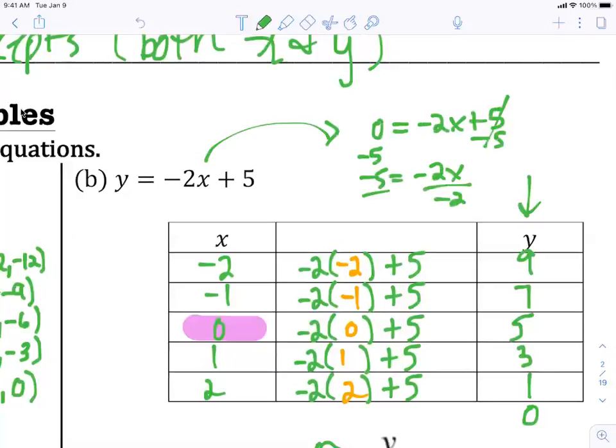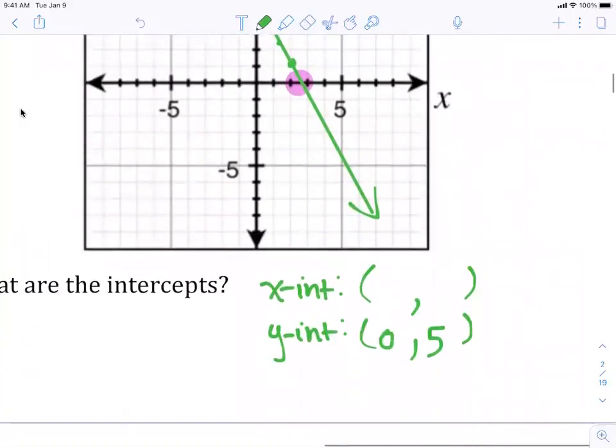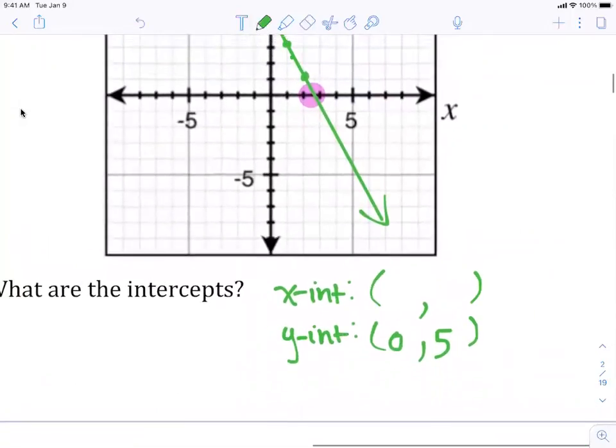If I divide by -2, x is going to turn out to be 2.5. And that is going to end up being your x-intercept. So if you ever don't know exactly where it is, you can always find it. You might have to plug another value into your table, but for linear equations, just so you guys know, you'll always have at least one of these.